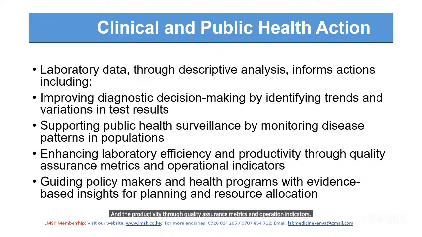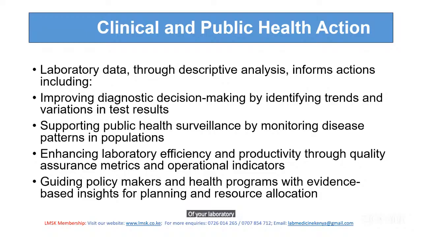From this, we are able to come up with the quality, the efficiency, and the metrics in terms of operation indicators that we've got in the laboratory. It depends on the kind of indicators that as a lab you are monitoring. If you're monitoring the TAT, how is the trend of the TAT in your laboratory? Are you able to calculate the TAT of your laboratory?